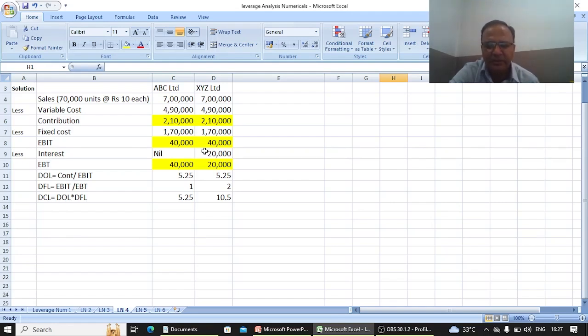It means the riskiness of XYZ Limited is double in comparison to ABC Limited, and returns are almost the same.